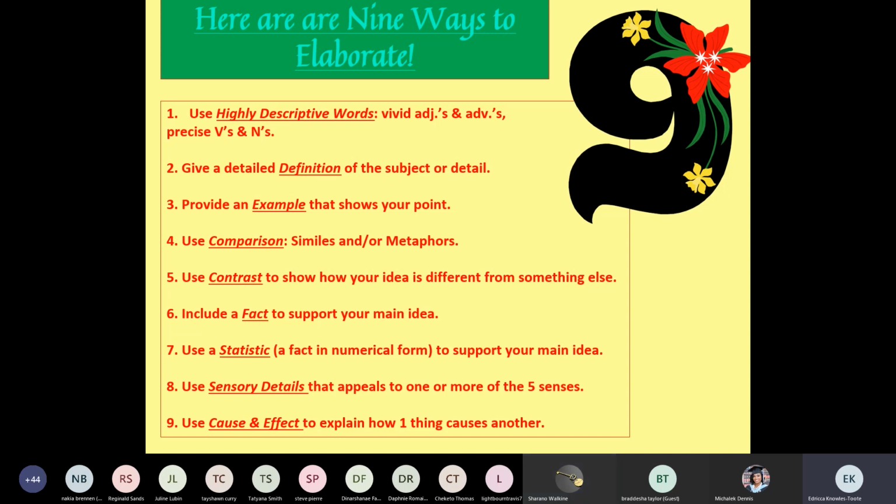Very good. Hearing. Hearing, taste, feeling, sound. Excellent job. Touch. Good job, student. So using these sensory details can also help in bringing your main point forth, okay? And then you can use cause and effect to show how one thing causes another. We talked about that the other day, cause and effect.